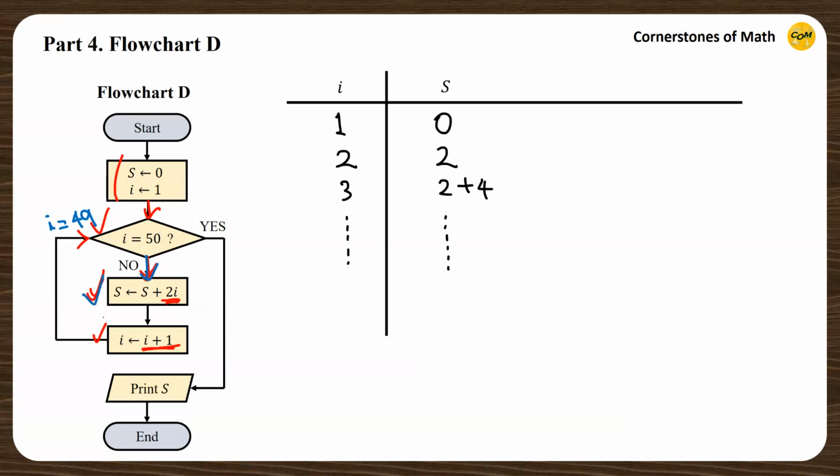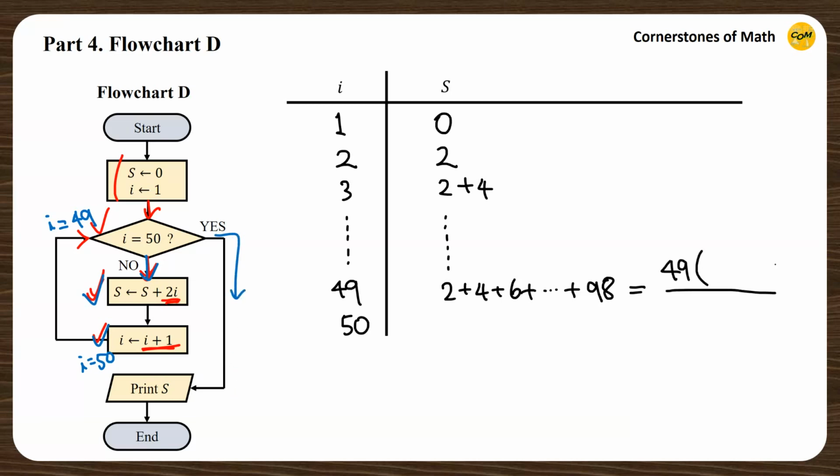Then, by this process, 2 times 49, so 98 is added to S, then I becomes 50, and escape the loop. So we have total 49 terms, and the first term is 2, and the last term is 98, so we have 2450.